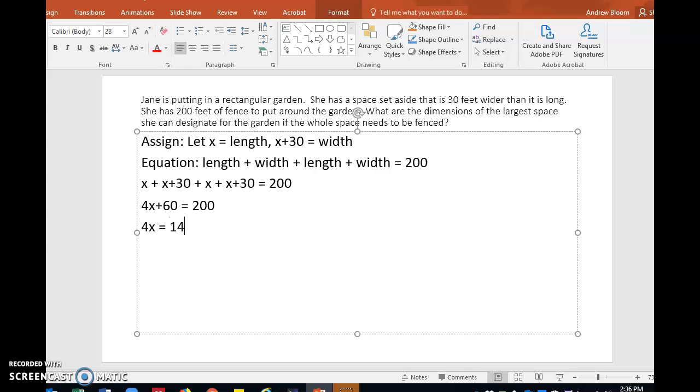Subtracting 60 from each side gives us 4x equals 140. Dividing both sides by 4, it does go in evenly, so that works out nicely. We get x equals 35. 140 divided by 4 is 35.